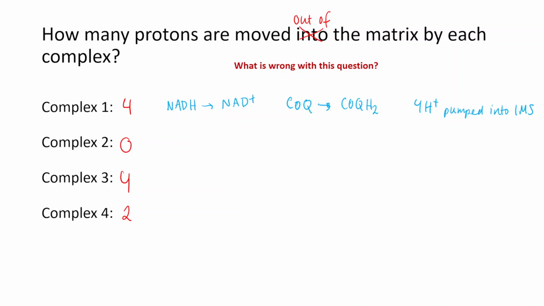How about complex 2? Where do we start with electron carriers? Yeah, FADH2. And what's happening to FADH2? Yeah, it's getting oxidized to FAD. And where are the electrons going that it's donating?